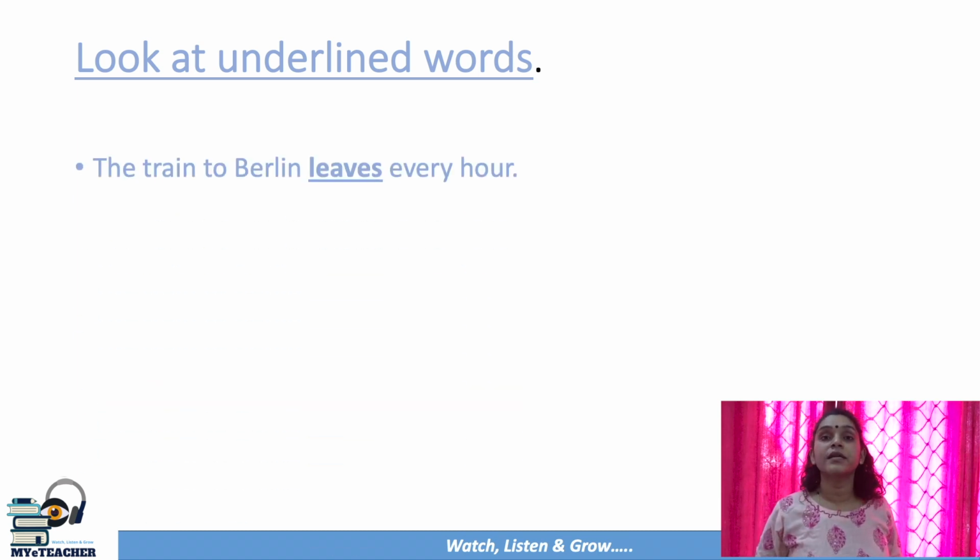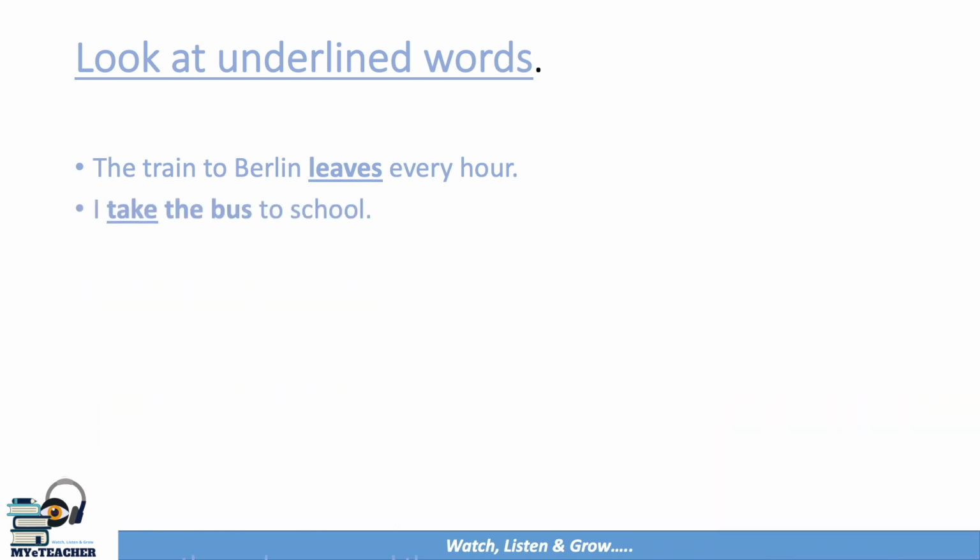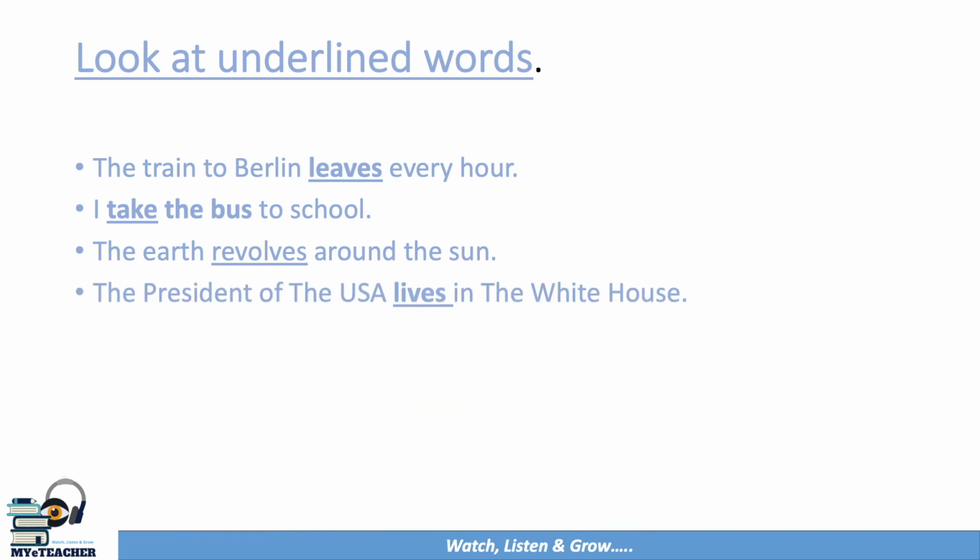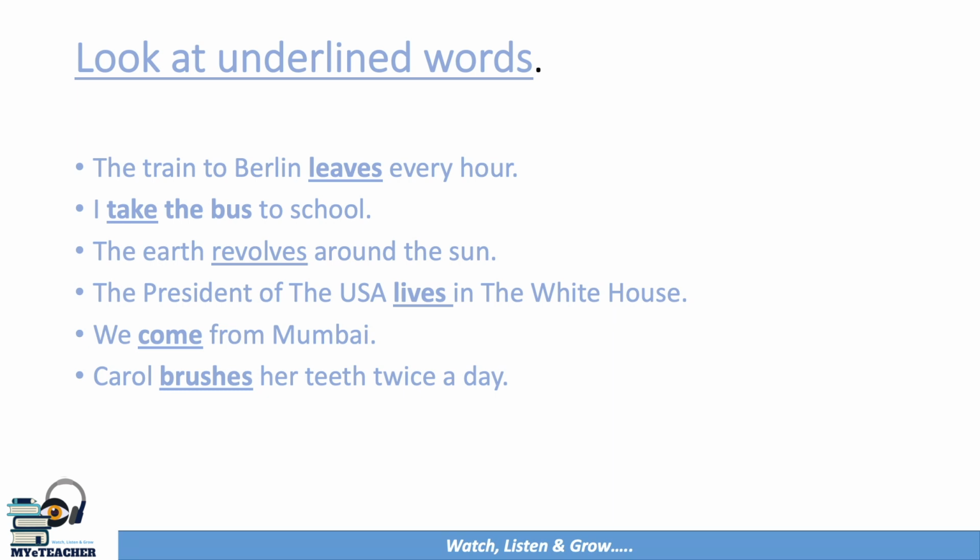The train to Berlin leaves every hour. I take the bus to school every day. The earth revolves around the sun. The president of the USA lives in the White House. We come from Mumbai. Carol brushes her teeth twice a day. Susan exercises every day.